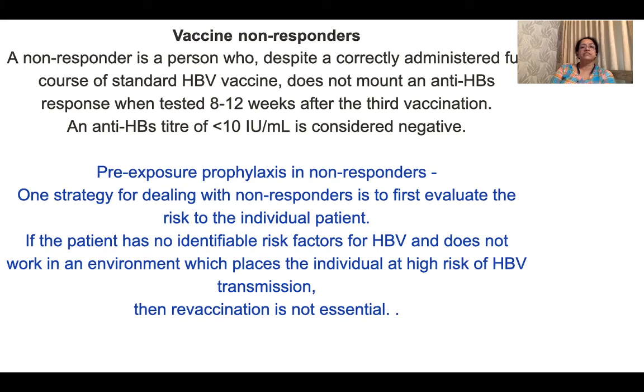Pre-exposure prophylaxis in non-responders is one strategy for dealing with them: first evaluate the risk of an individual patient. If the patient has no identifiable risk factors for HBV and does not work in an environment which places the individual at high risk of HBV transmission, revaccination is not essential.